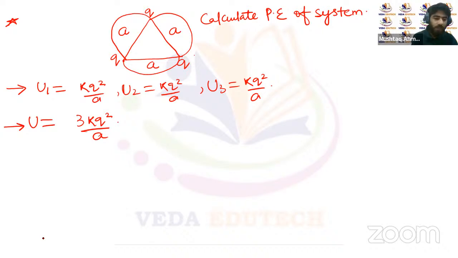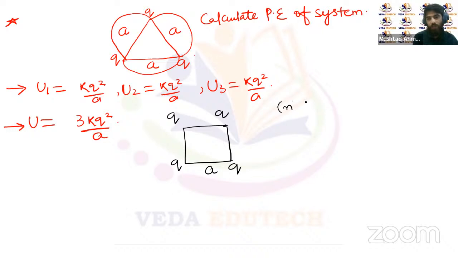Similarly, suppose we have 4 charges placed on the corners of a square like this, Q here, Q here, Q here, and once again Q here, and the side of this square is A. In this case, we know that the total number of terms will be n into n minus 1 upon 2, so there will be 6 terms.